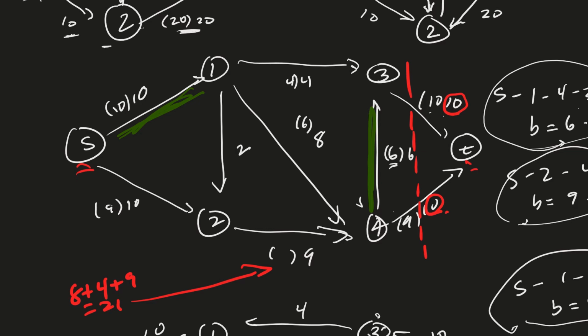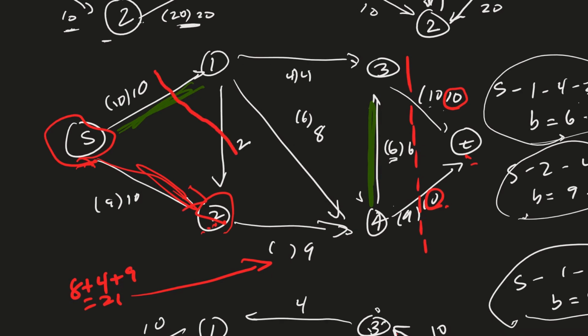I think I see it. So the idea that is mentioned in the notes is that you want to go out from the source. You want to include in set A all of the nodes that you can reach from source S. So in this case, I can reach 2, and so my cut is actually going to come this way.